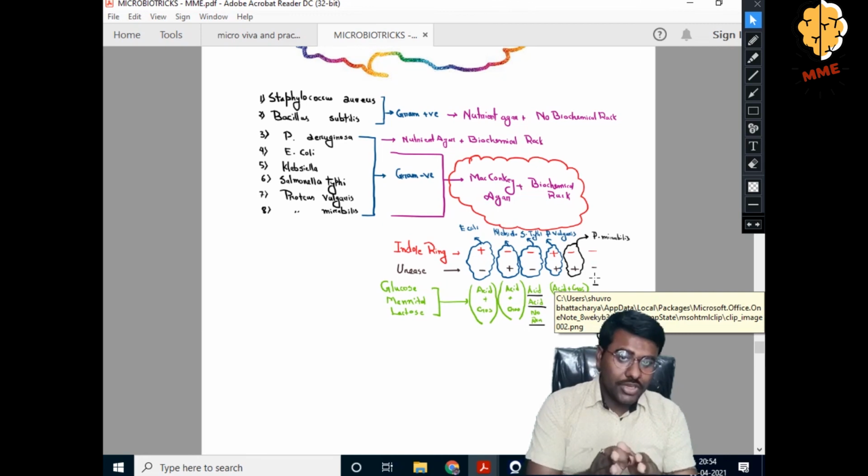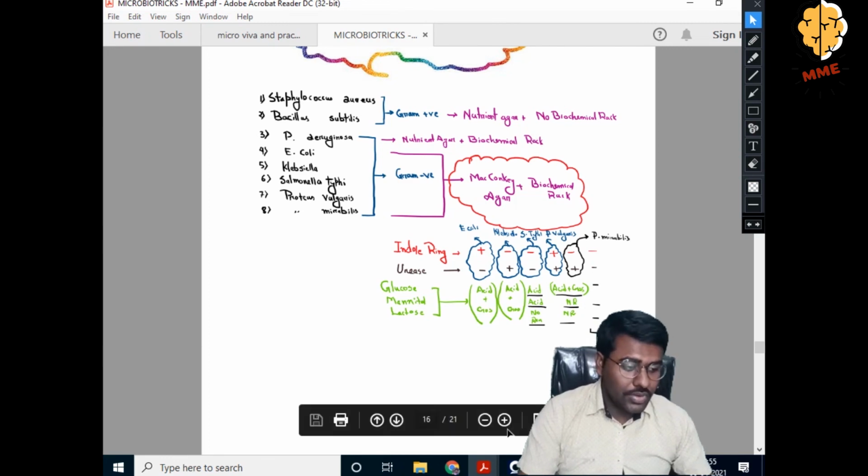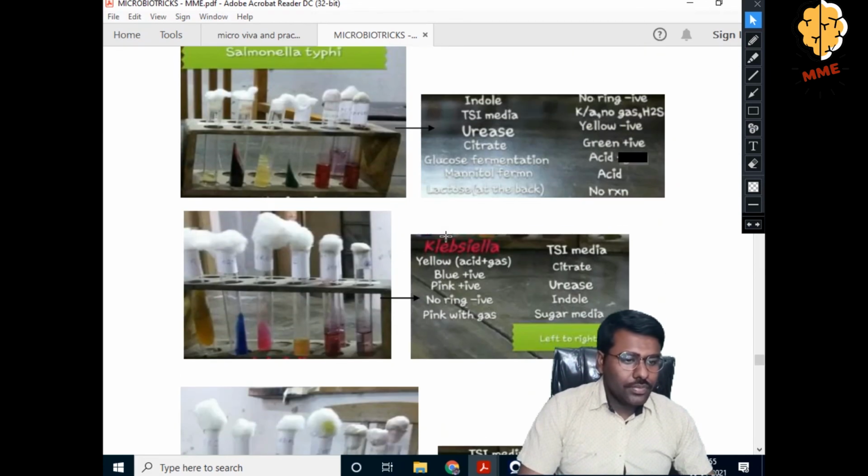Indole negative, urease positive, but acid and gas not produced in lactose and mannitol, this is Proteus mirabilis. So this is the technique you can identify clearly, in just a few seconds. Okay, so that is the example.